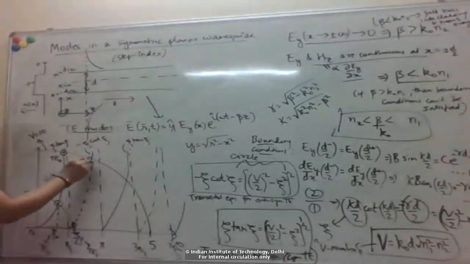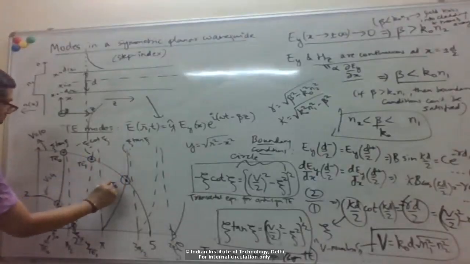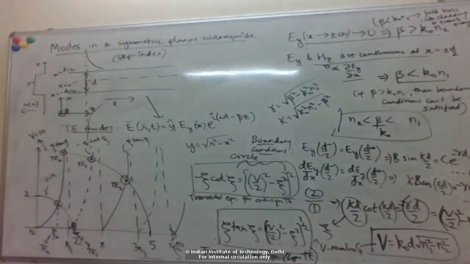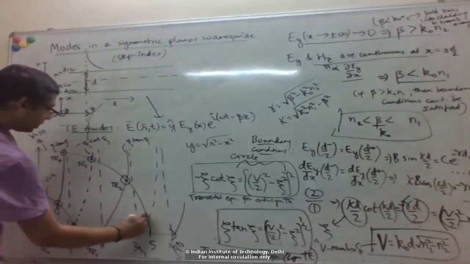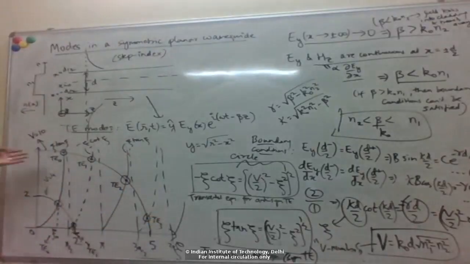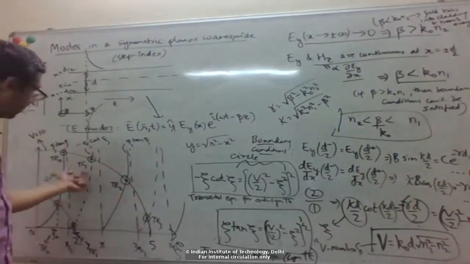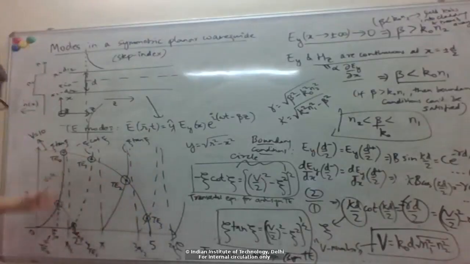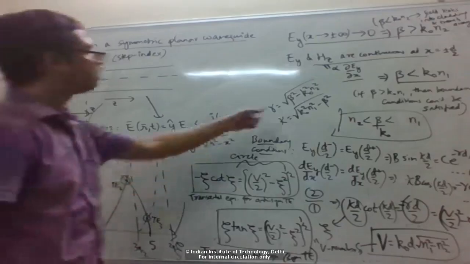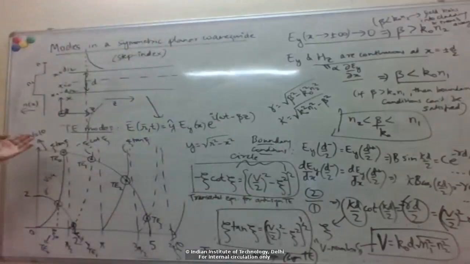Then the next intersection with the cot here is TE1. Now I have another intersection with the next tan, so that's TE2, and then with the next cotangent one, that will be TE3. So now I have 4 modes for V equal to 10: 2 symmetric modes, TE0 and TE2, and 2 anti-symmetric, TE1 and TE3. All of them have different zetas, which means all of them have different betas. For the same frequency, we have different betas.